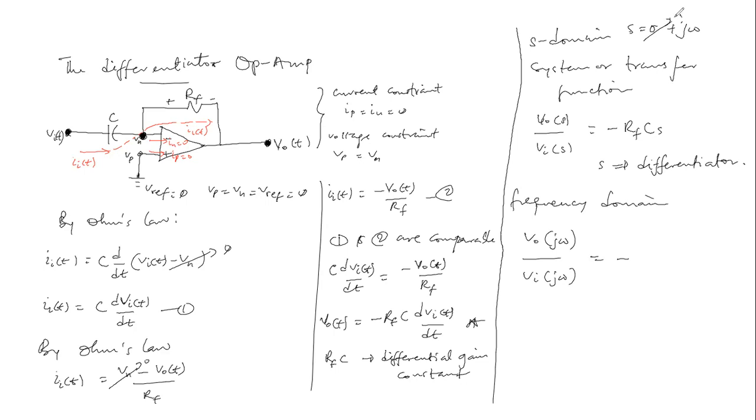Now this reduces to 0 in this case, so S reduces to J omega, negative J omega R sub F. Well, you may want to review the videos in signals and systems, which are up in the channel, so you could revise Laplace transform, Fourier transform, and the likes.